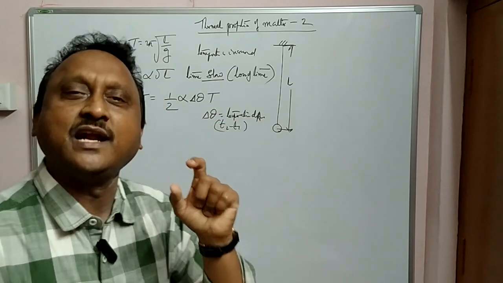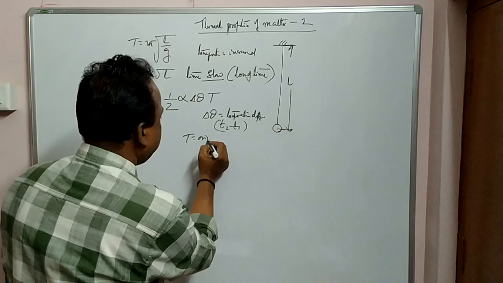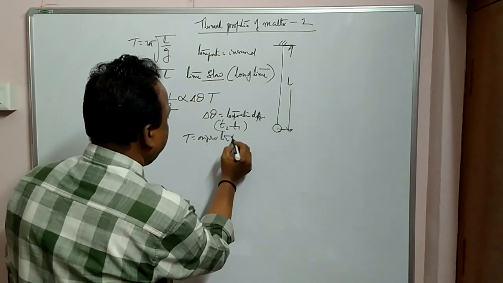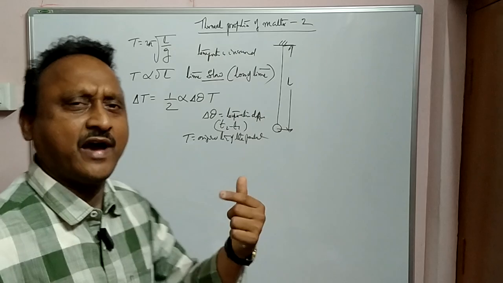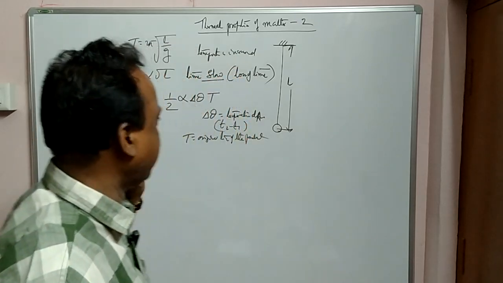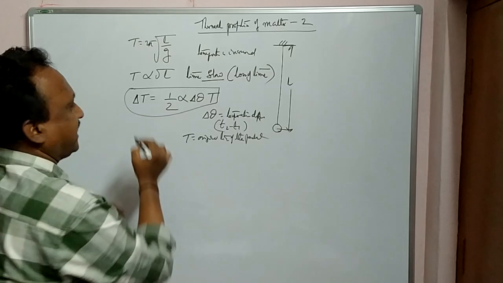T is the original time of the pendulum or clock. Alpha value will be given and half is constant. So this is the formula we will be adopting for loss or gain.